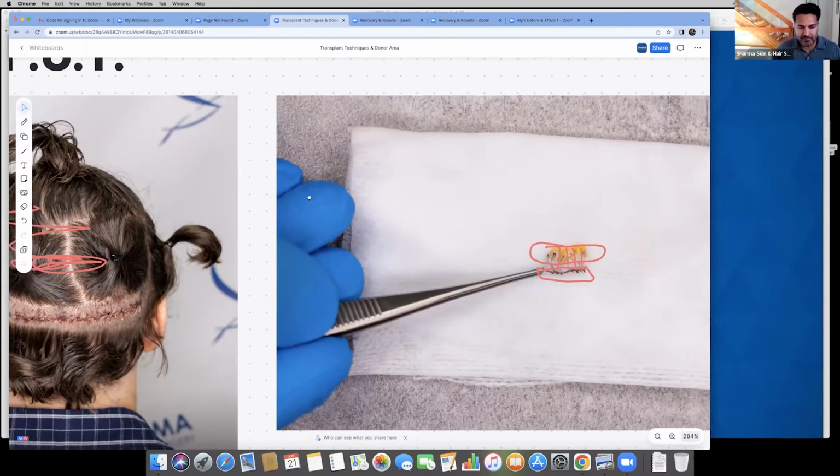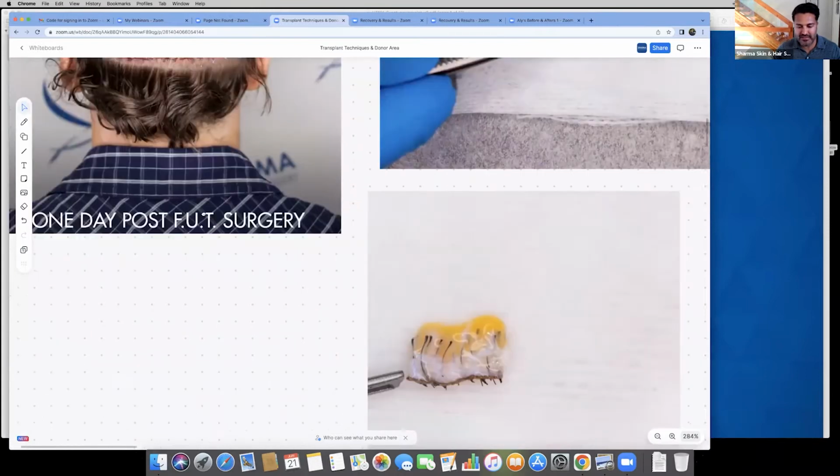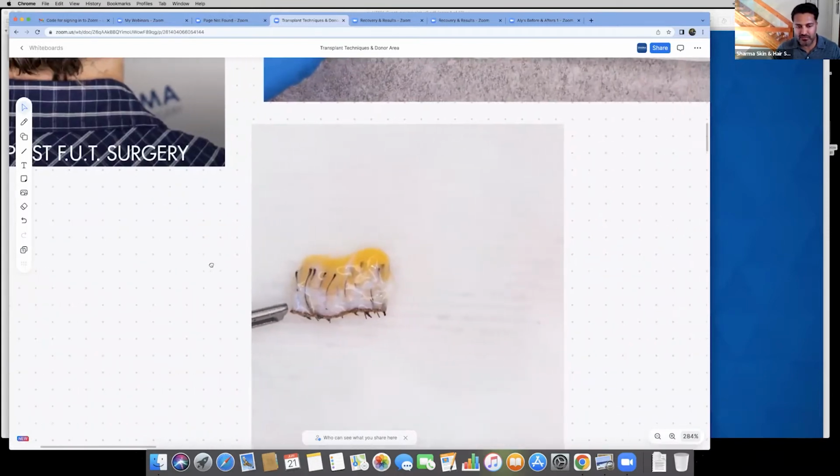Now, as we move down, this here is a small sliver of the scalp. And once again, you can see the roots a little bit more clearly here. This patient was a very nice man we operated on of African heritage.